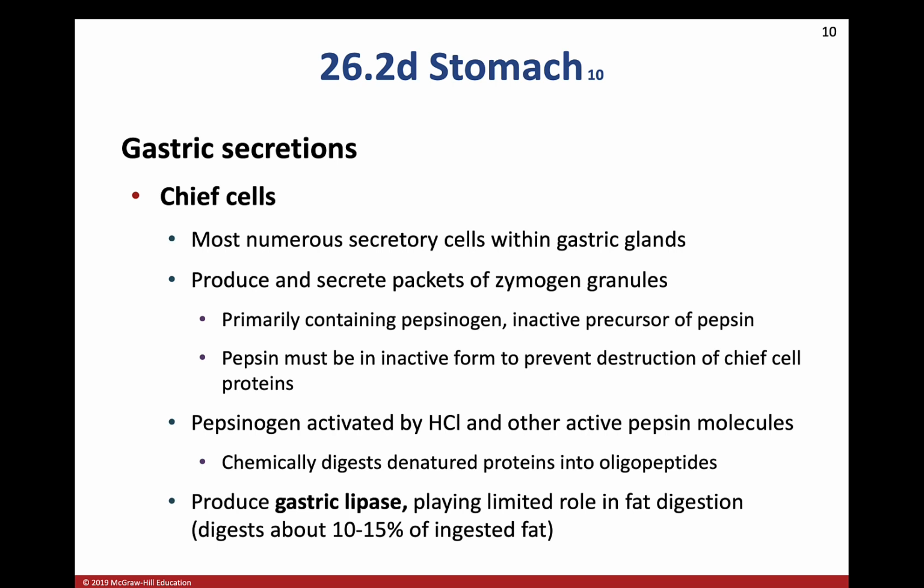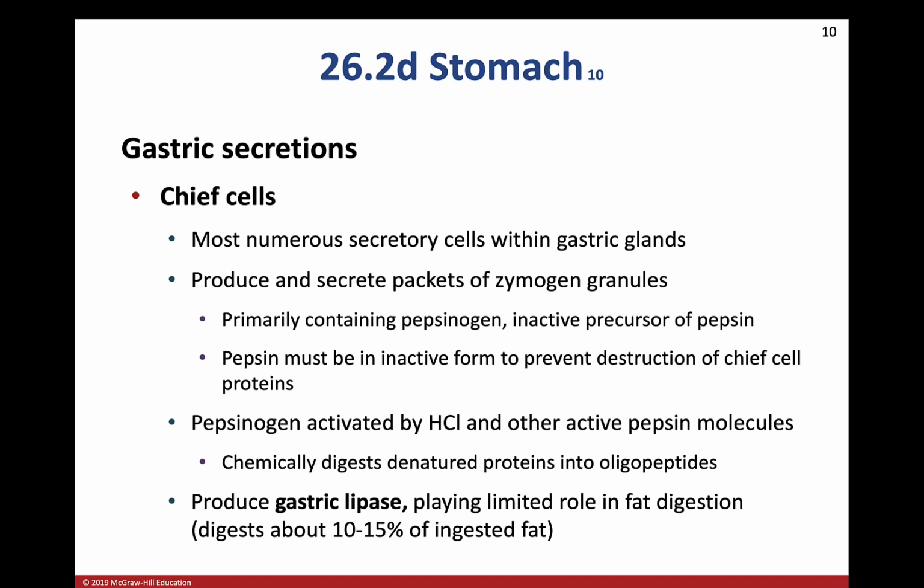So it is the precursor of pepsin. For pepsinogen to be activated, it must be exposed to an acidic environment. It makes sense that pepsin will be inactive at first, and this is to prevent destruction of the chief cell proteins.